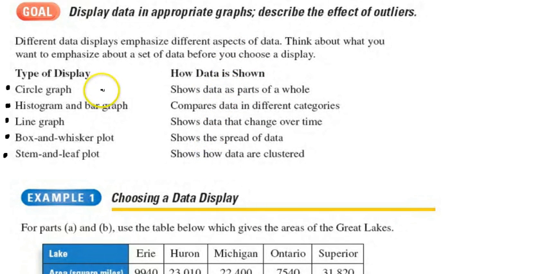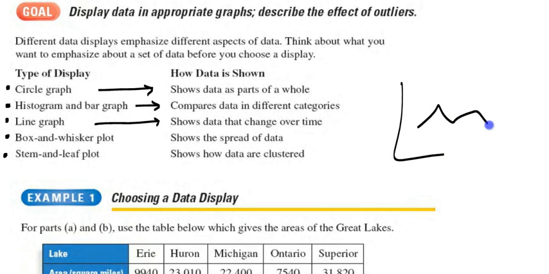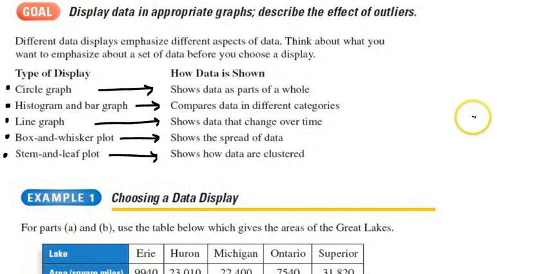So for example, circle graph shows data as parts of a whole, so you could see what percentage of the total your thing is. Histogram or bar graph just shows the data in different categories so you can compare it visually. A line graph shows data that changes over time. A box and whisker plot, we already talked about that in section 7.7. That shows a spread of data. And stem and leaf plot also shows a spread of data.